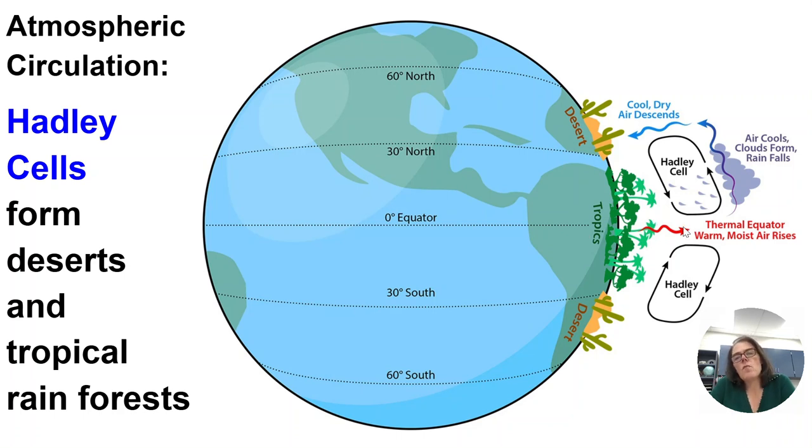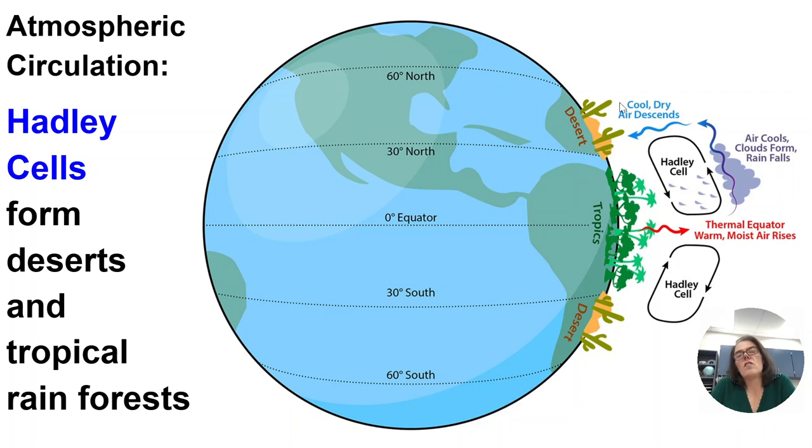So that warm air rises, and as it hits the cooler air aloft, it rains out. We have tons and tons of rain in the tropics, lots of productivity there in all those plants. That air cools off, it moves to the north and to the south, and then now it's drier, it's cooler, and it descends.